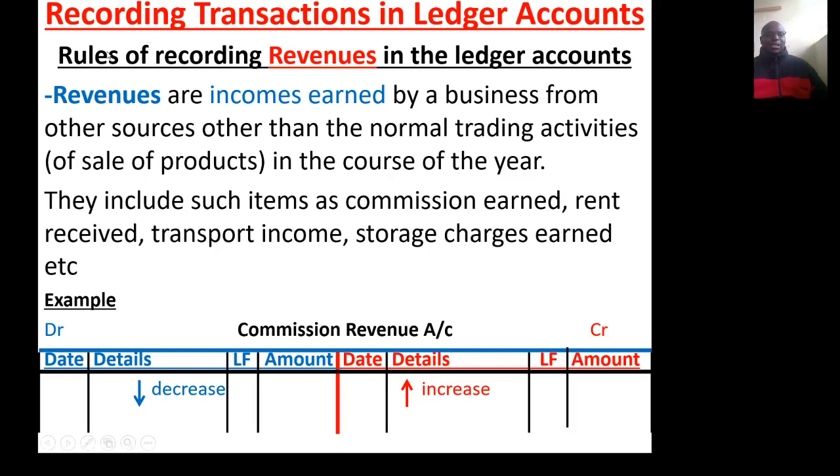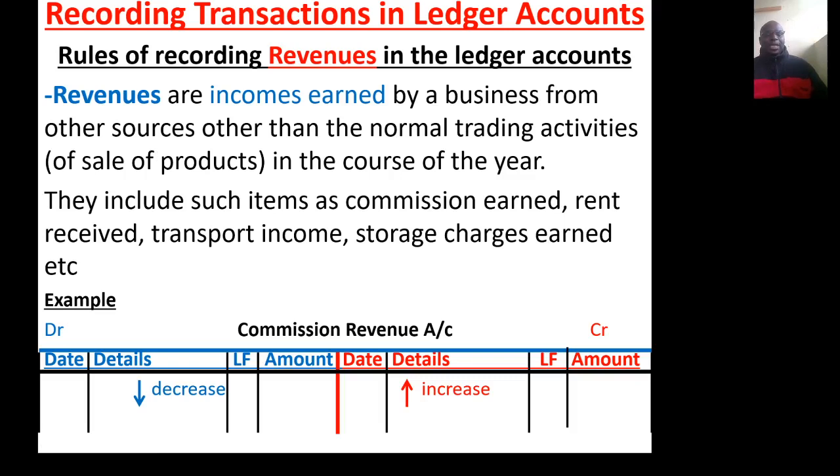Let us look at revenues. Rules of recording revenues in ledger accounts. Revenues are incomes earned by a business from other sources other than the normal trading activities, that is, sale of products or goods in the course of the year.